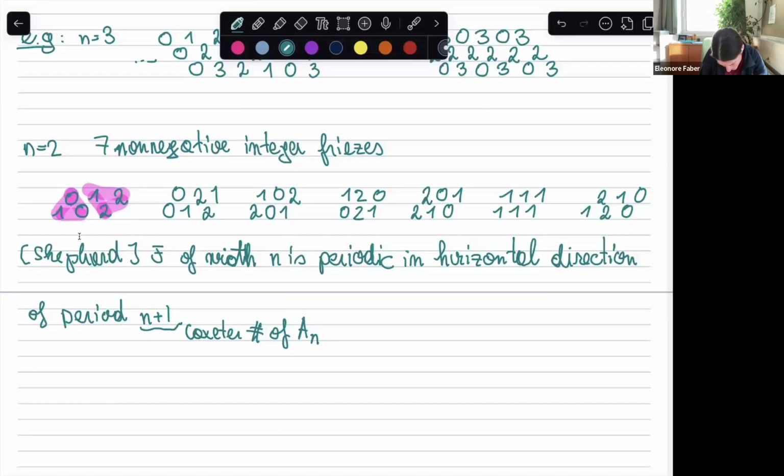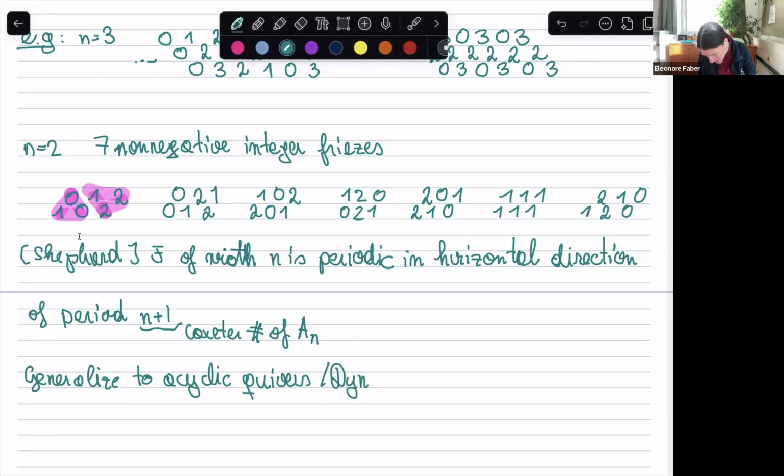So you can generalize to acyclic quivers. Or, I mean, we will mostly be interested in Dynkin quivers.